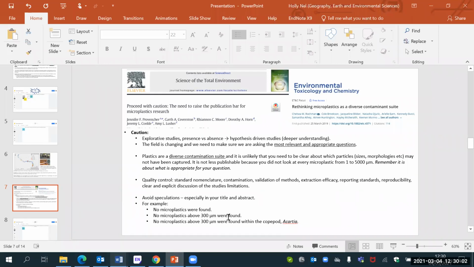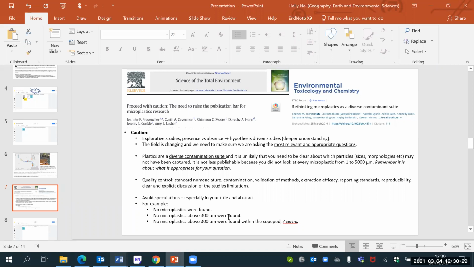And if you go into this paper, it really talks about the quality of various papers that are being published and the need for researchers to evolve with quite a rapidly evolving field. I mean, we're all in the sphere of microplastics, and we all know that it is extremely difficult to keep up with how fast things are changing.